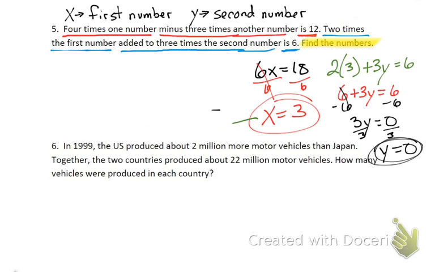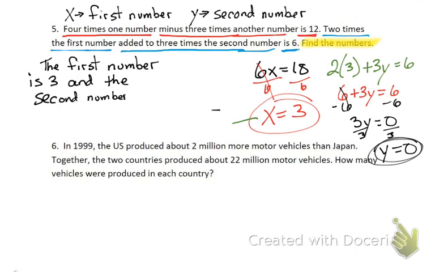That tells us that our two numbers are 3 and 0, and you write this as a full sentence. So the full sentence will read, the first number is 3, and the second number is 0.